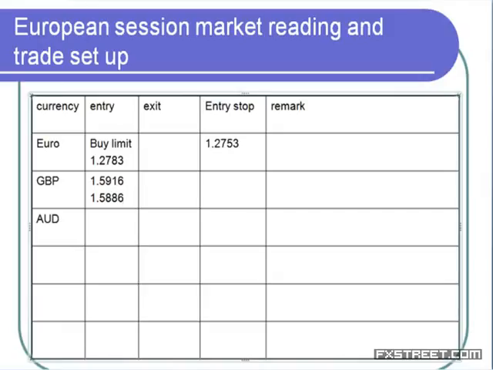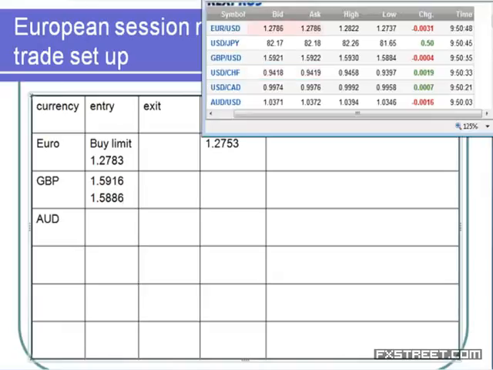Okay. Just two currencies, I am just showing it as an example, and we will just keep the order. They are only limit orders. We will try to find out what happens, whether they fill it or not.